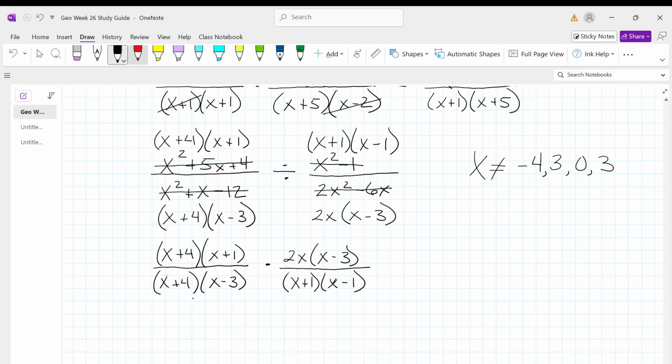And then we create a few more zeros here: a -1 right here and a +1. So we don't need to have the 3 twice. So we can add a -1 and a +1.